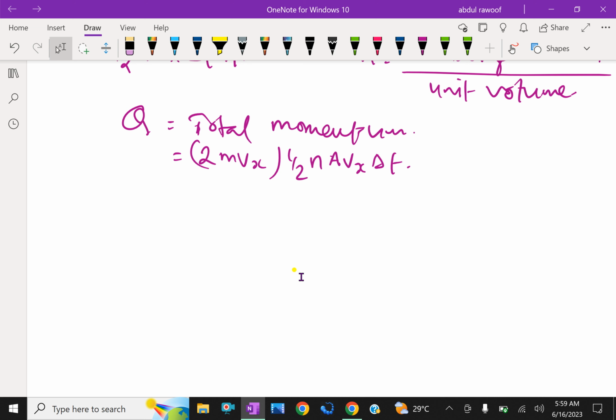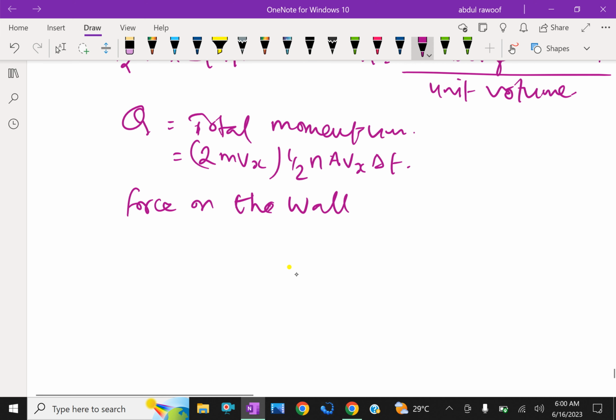The force on the wall by the molecules is the rate of momentum transfer, so force equals momentum over delta t.